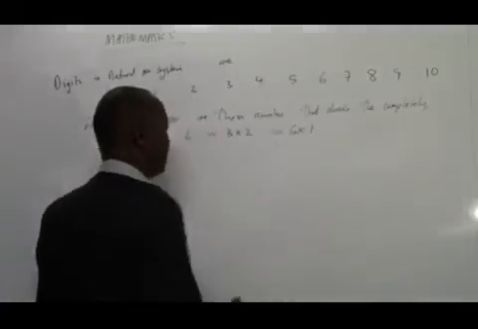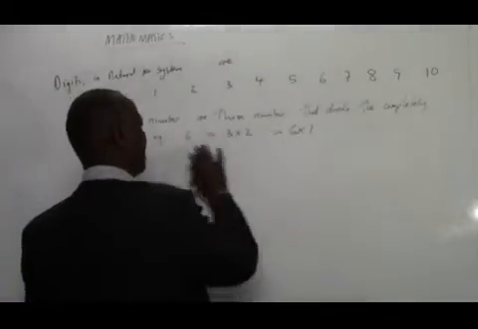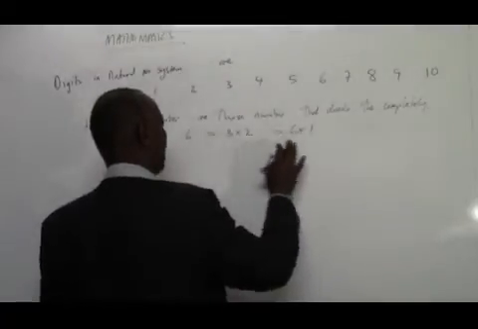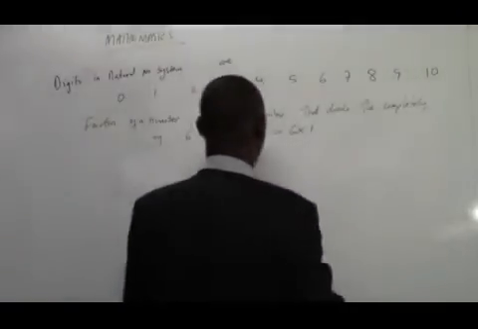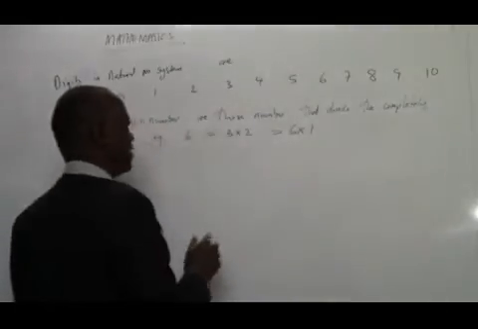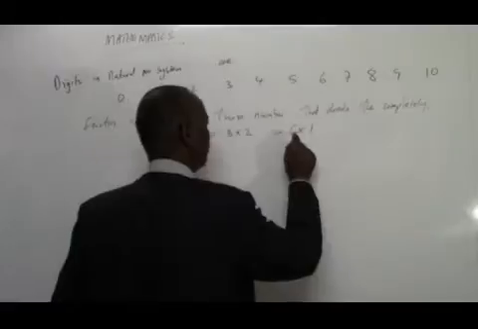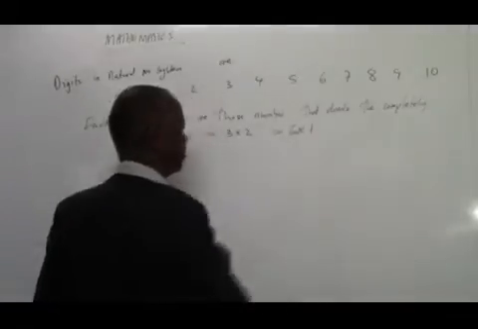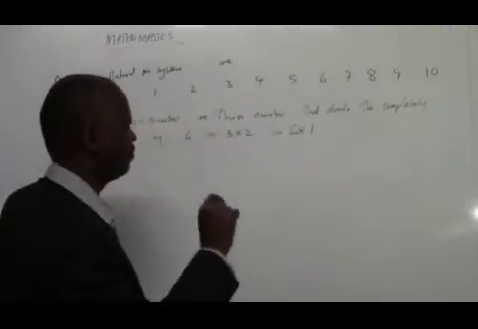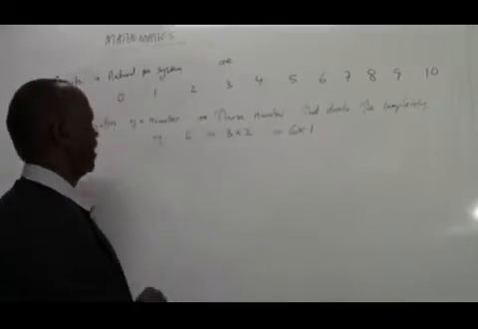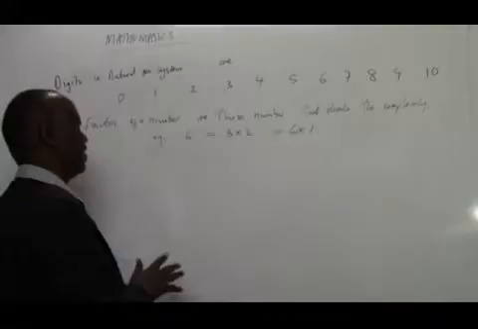So 6 is also a factor of itself, because if you divide 6 by 6, you get 1. And if you divide 6 by 1, you get 6. And so we can say that 6 has got how many factors? 1, 2, 3, 4. 6 has got 4 factors, which can divide it completely. So factors can divide completely.